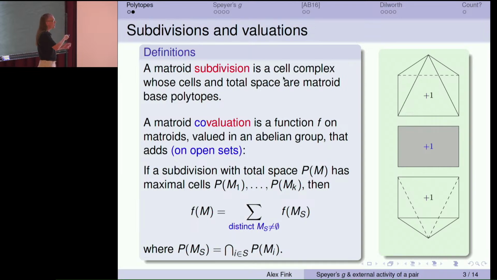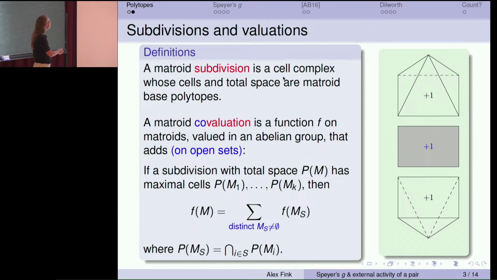If you like, I'm thinking of the interiors of all of these pieces. The interior of the octahedron is just the union of the interiors of these 3 polyhedra with no funny business about overlaps. So a co-valuation is just something that has a similar relation in every subdivision, but I've twisted the sign so I don't have to see signs in this relation.